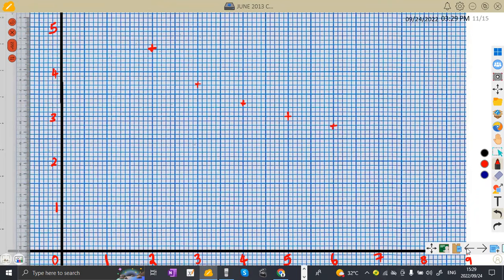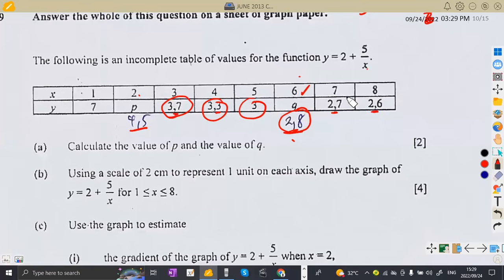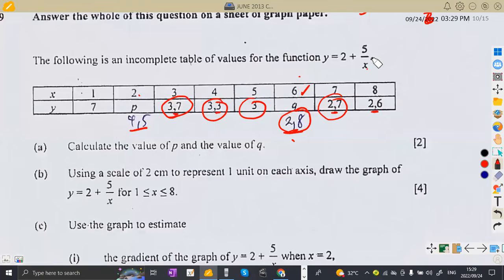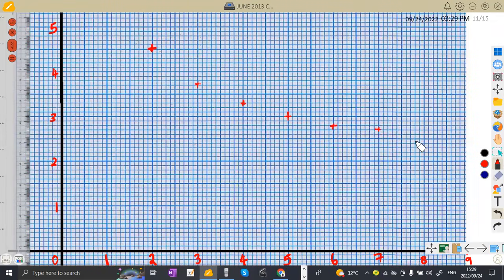Then we've got 7 versus 2,7, which is just 1 box from the one that we had. And the same thing with 8: it's going to be 2,6, just 1 box below the 2,7.